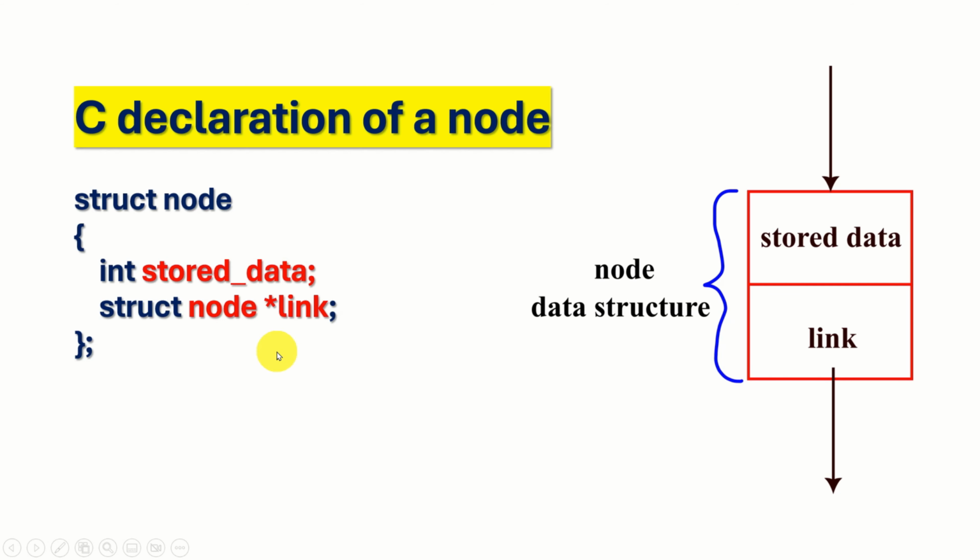In the C programming language, nodes are usually implemented as C structures. Over here, you can see one example of a declaration of a node. We type struct, then I will call my node simply node, and inside I have two blocks. This declaration int stored data denotes this block over here.